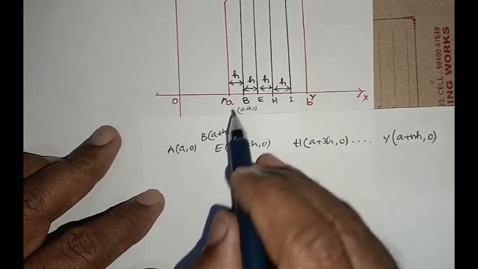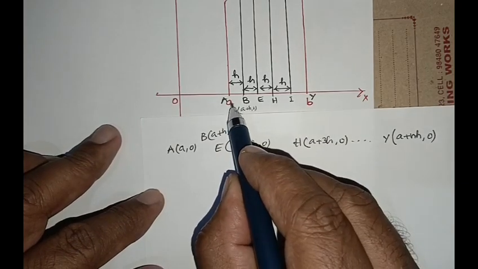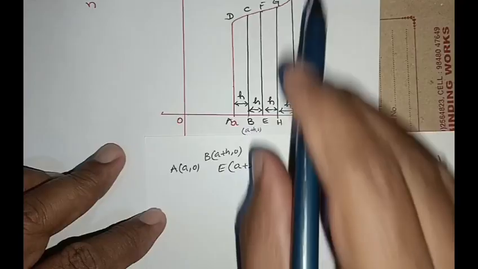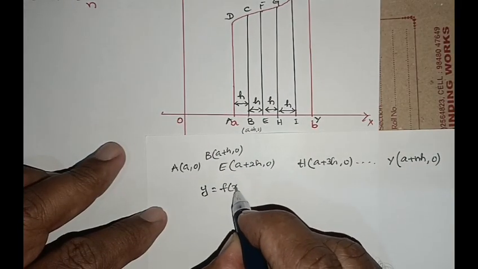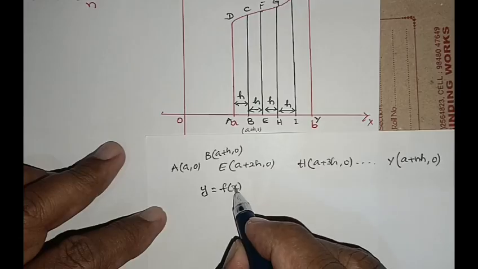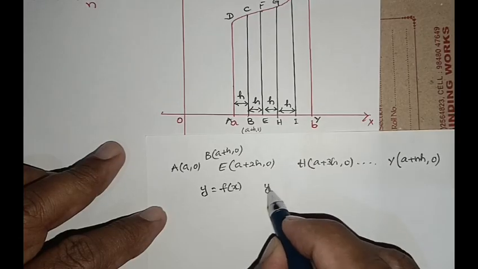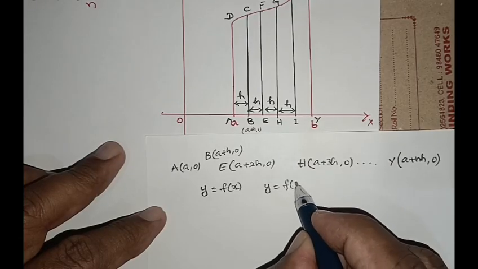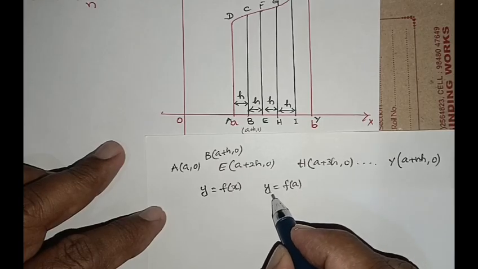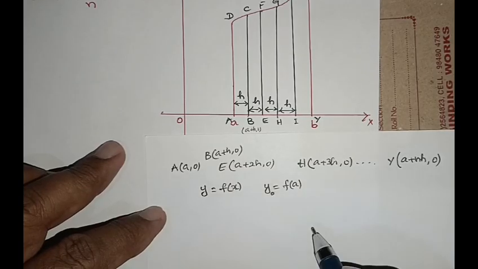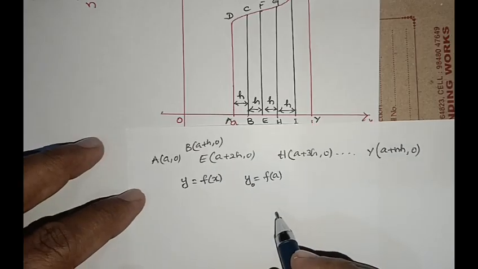Now for x is equal to a, when substituted in y is equal to f of x, the given function which represents a curve, we get y is equal to f of a, and for this f of a, the y value I am writing is y0.